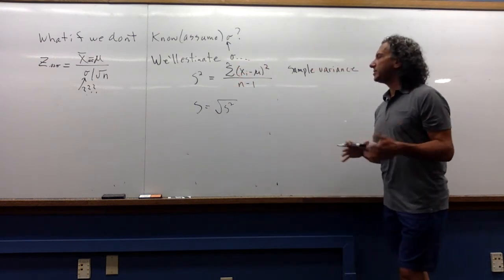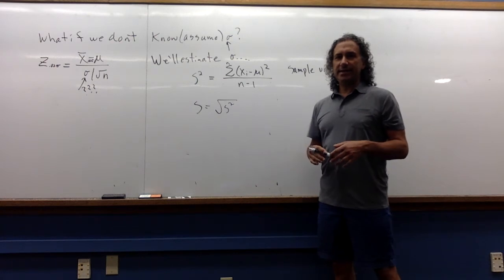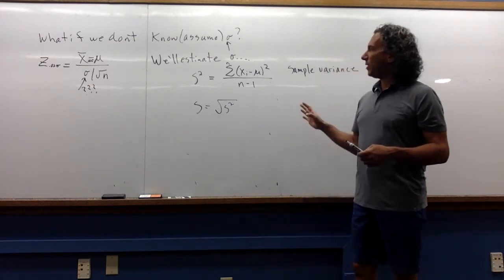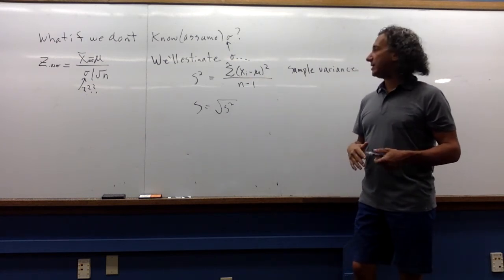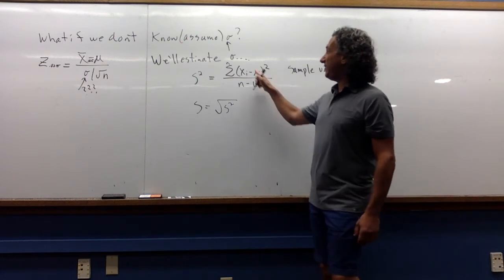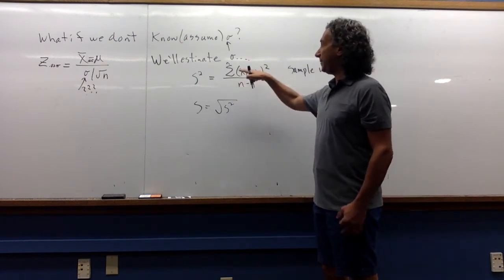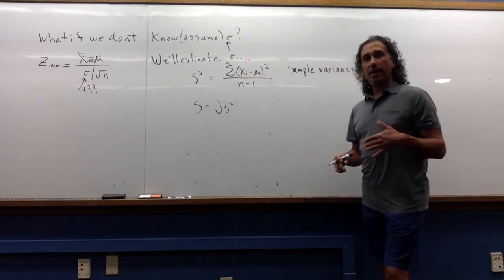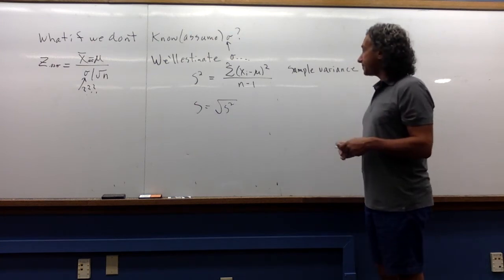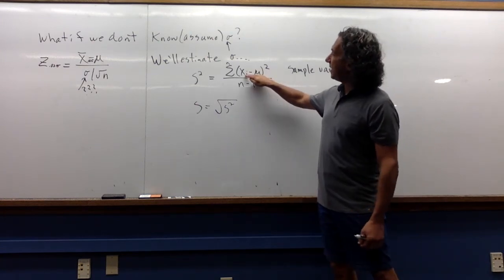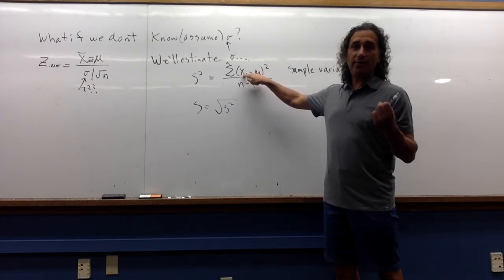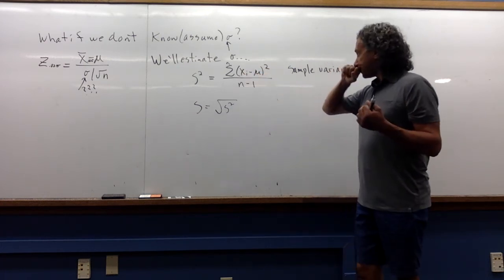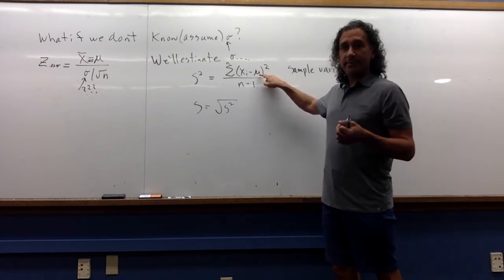Well, we can't get into all of the nooks and crannies of it, but let me just point a couple of things out. So first off, if this were just n on the bottom, so instead of dividing by n minus 1, if we're dividing by n, then I feel like this formula would make total sense to me as a good estimate of the variance. Why is that? Well, because it's taking the square of the distances from each value in my sample minus mu.